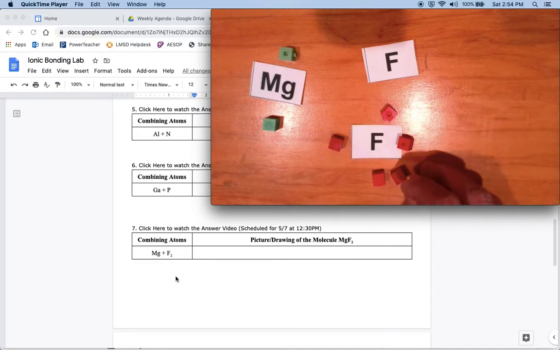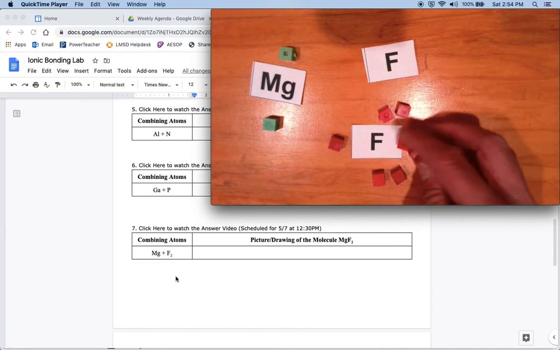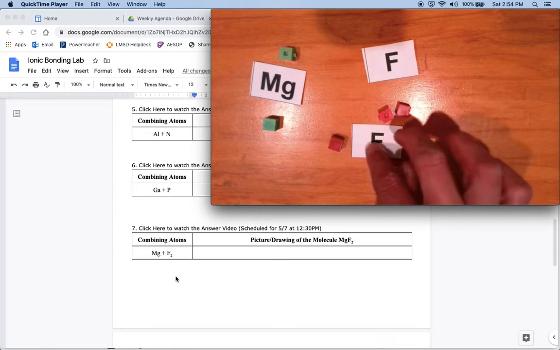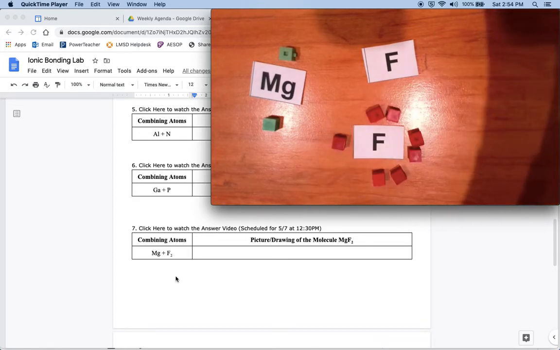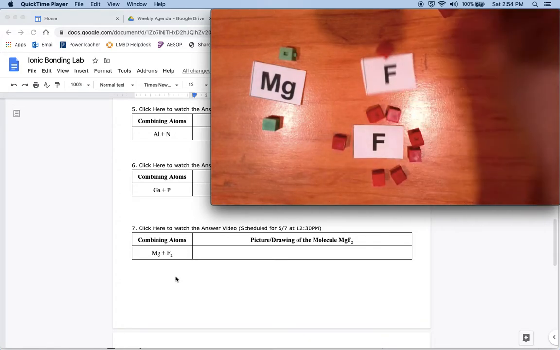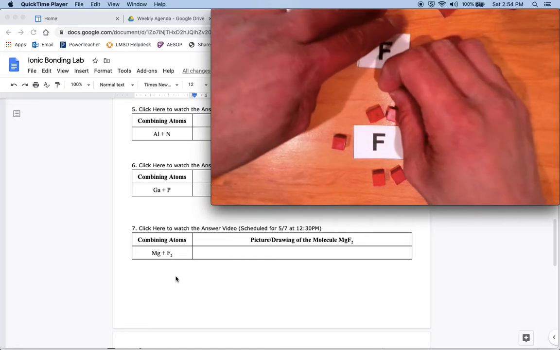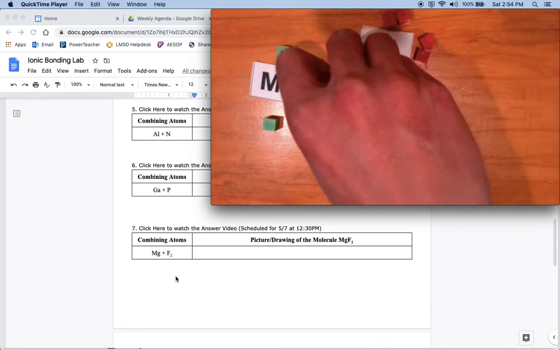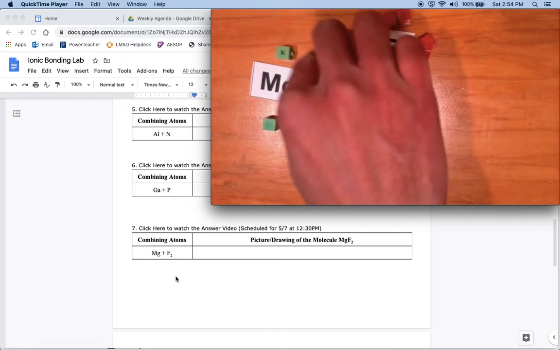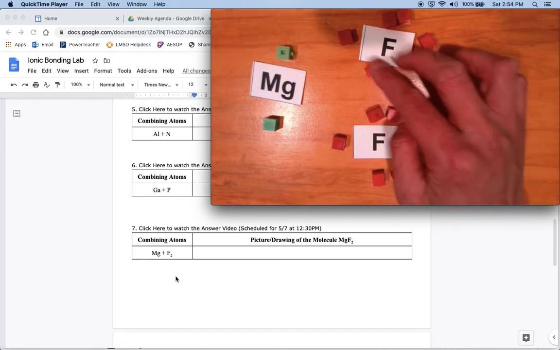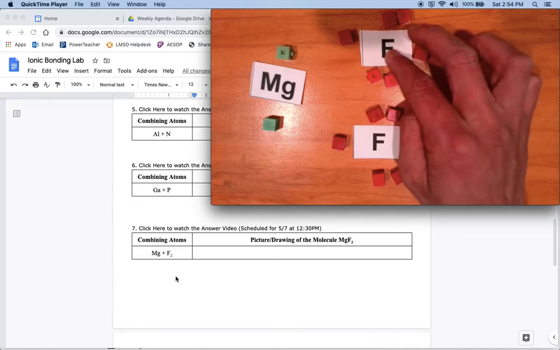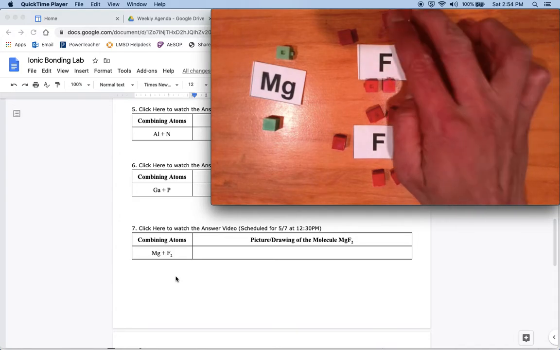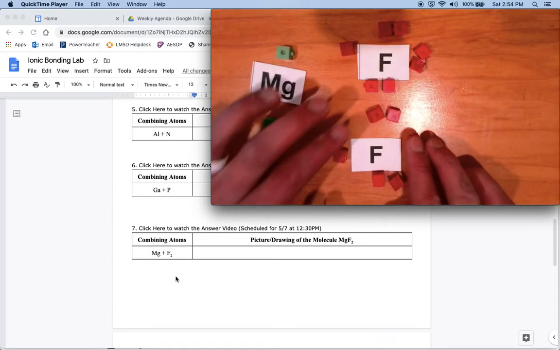Now, regardless of whether there's 2, 3, 4, 5 atoms, it's still the same. We still need to figure out which ones are the givers and which ones are the takers, right? So the rule of thumb is always going to be, is it going to get to 0 or is it going to get to 8? Let's push these down a little bit so that way you can see it better.